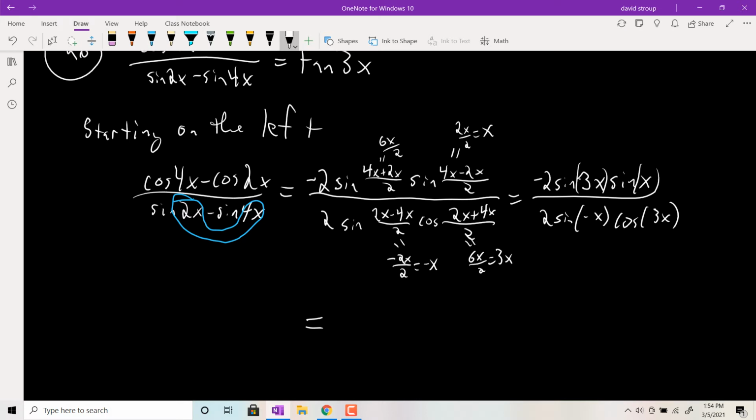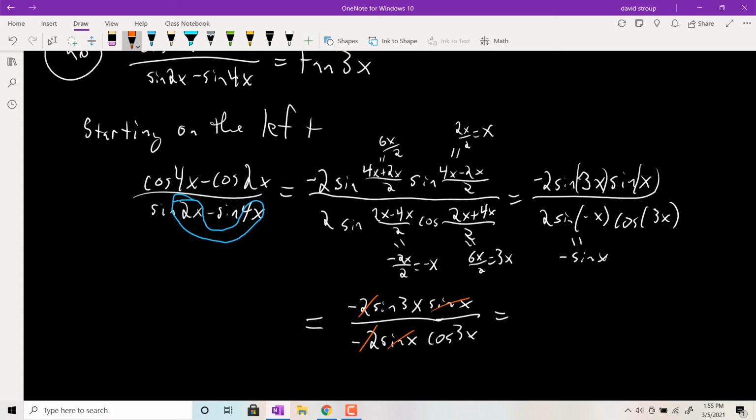Anyways, what do we have then? Negative 2 sine of 3x sine of x all over. Sine is an odd function, so sine of negative x is actually equal to negative sine of x, and then we're going to get that nice cancellation of the negatives. So negative 2 sine x cosine of 3x, right? So the negative 2's then cancel out.